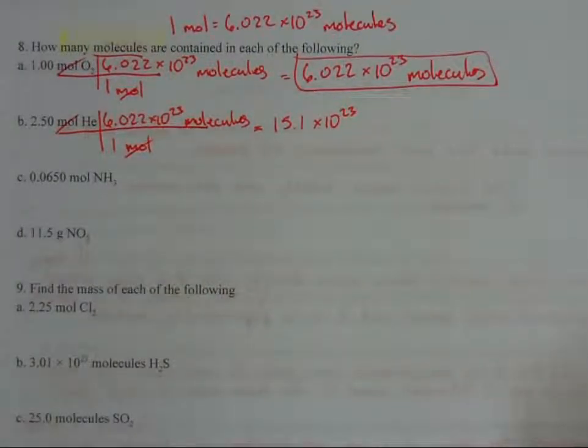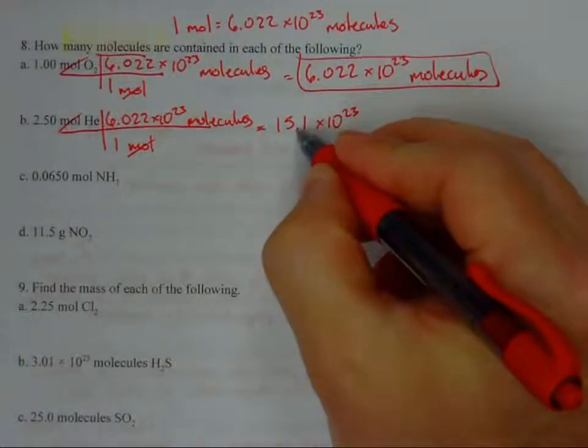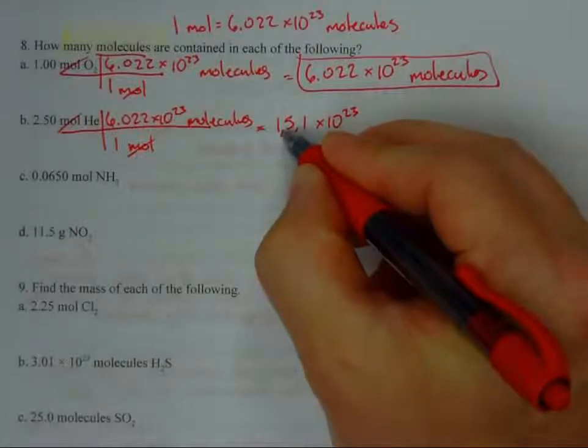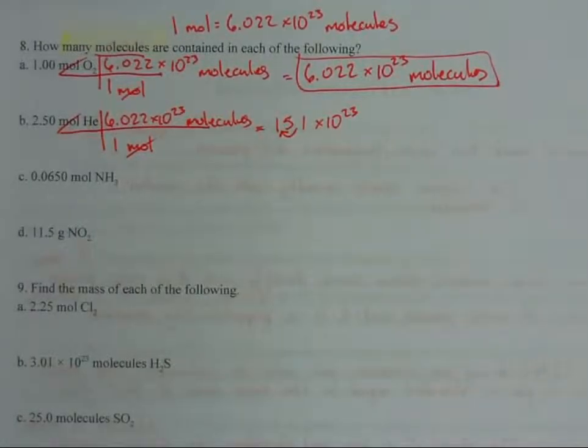Okay? It's absolutely a legitimate value. It's just not in scientific notation. In order to get it into scientific notation, I'm going to move the decimal 1 spot to the left. Now, I'm not going to regale you with the rules of if you're moving the decimal to the right or to the left, does the exponent go up or down? I'm not going to do that because, well, I mess it up all the time.